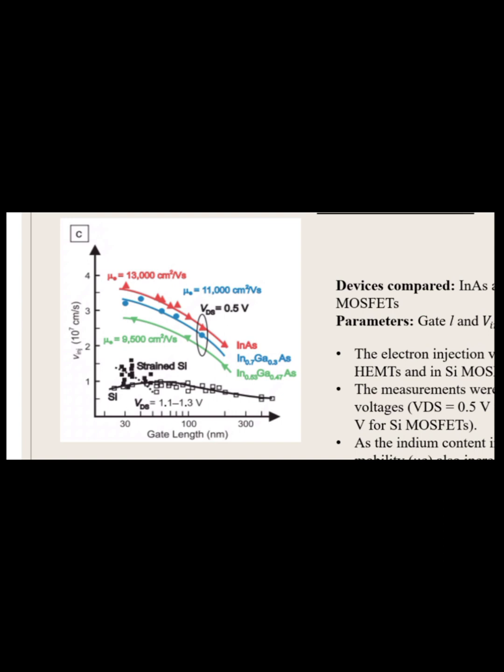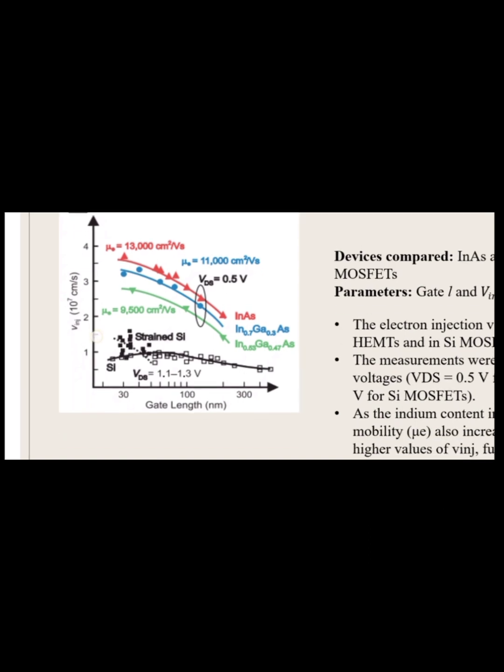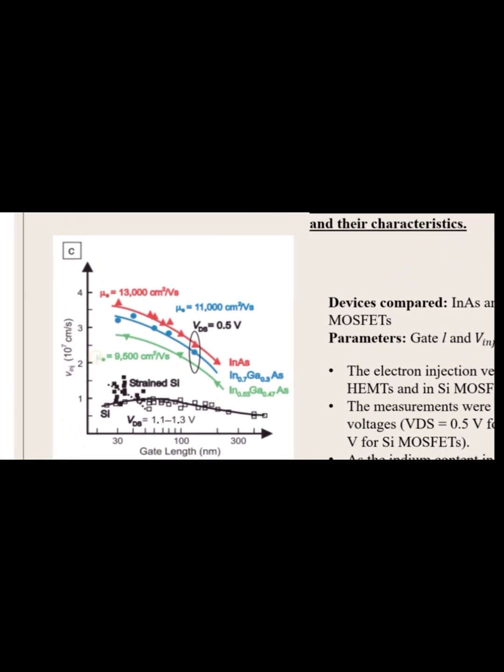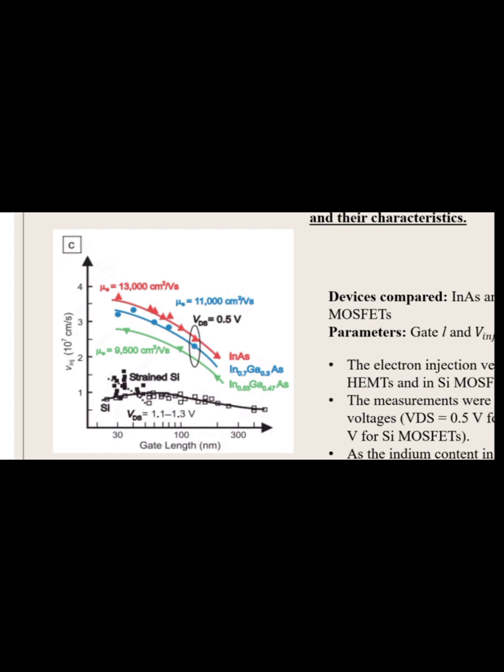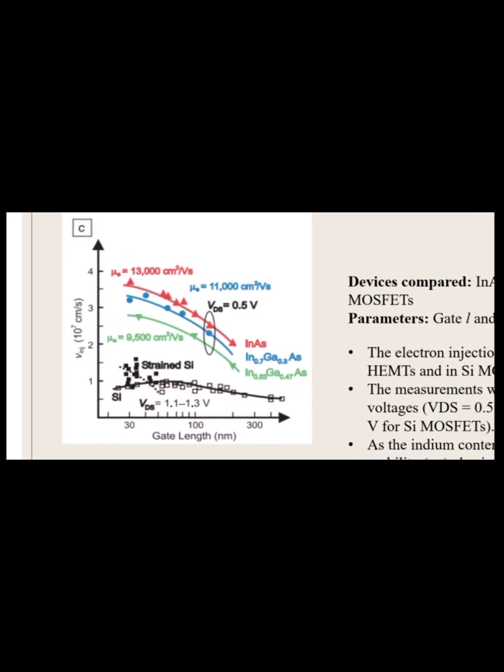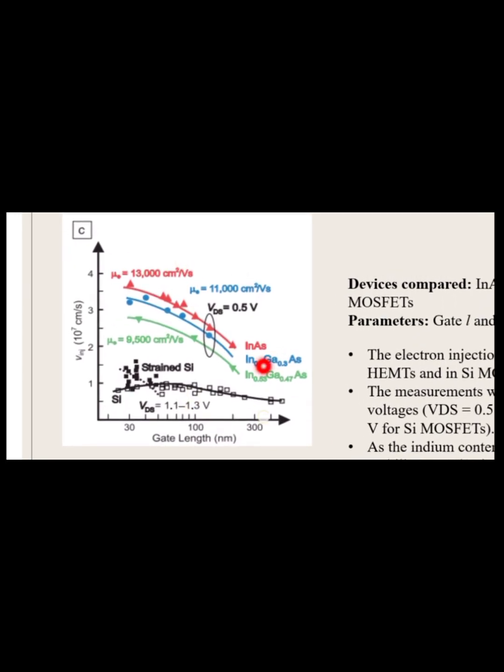What they are trying to say is that as the indium content increases, it results in an increase in electron mobility, and the increase in electron mobility results in an increase in V-inch, the electron injection velocity. You can see from this graph itself, as the indium content is low, indium 0.53, you can see the low V-inch, the low electron injection velocity.